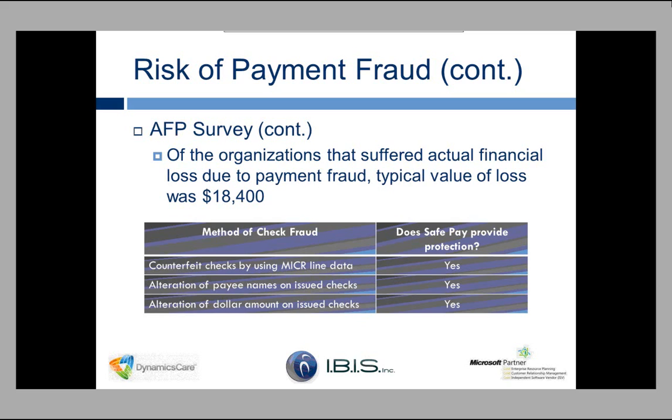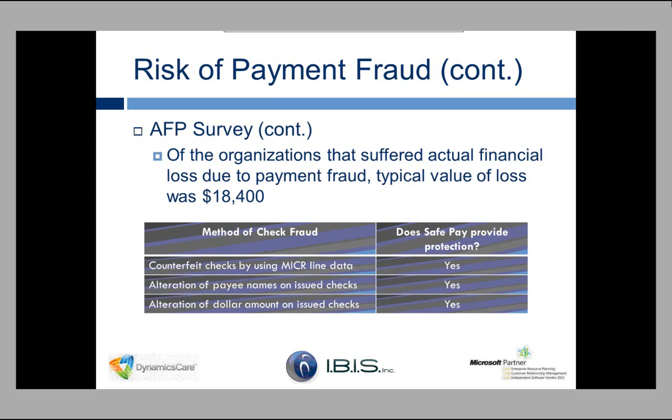There are a couple of ways in which check fraud can occur, and just about all of them identified by the report can be minimized or negated through the use of SafePay. For example, one area of check fraud involves creating counterfeit checks by using MICR line data. Other more common methods include the alteration of payee names or the dollar amount on issued checks.